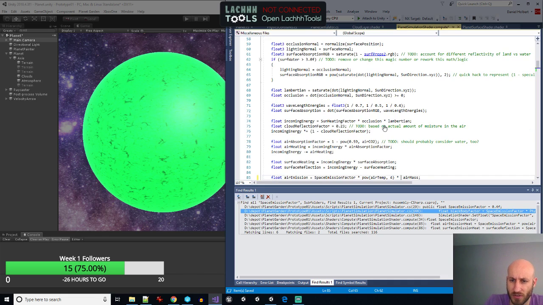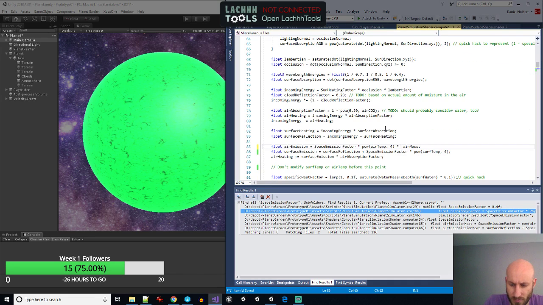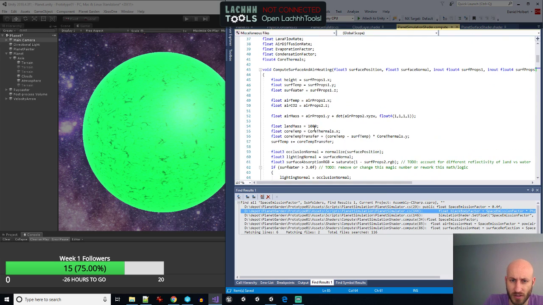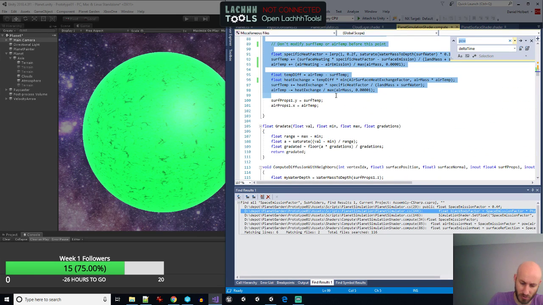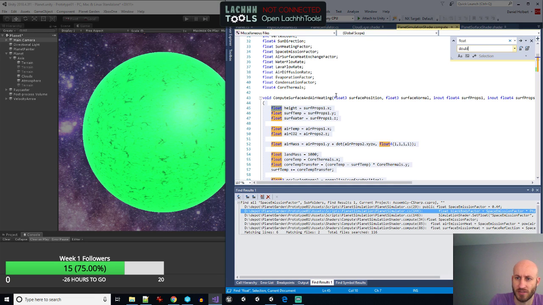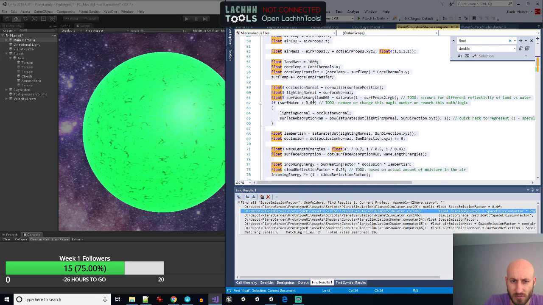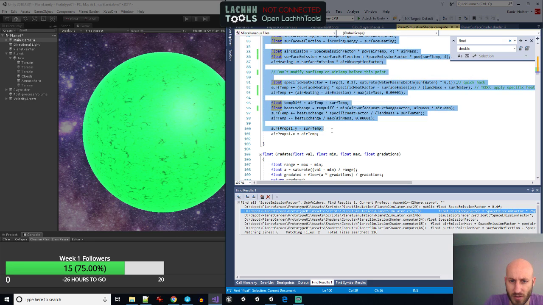Now what I could also do is use a higher precision type of number. So if I take everything here, I have this thing called float, and there's a thing that has double the amount of precision. It can store double the amount of data, you could say.